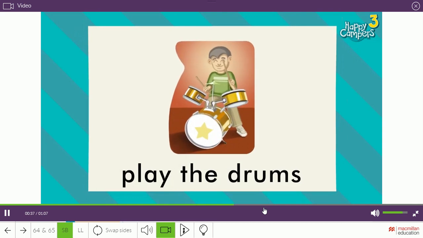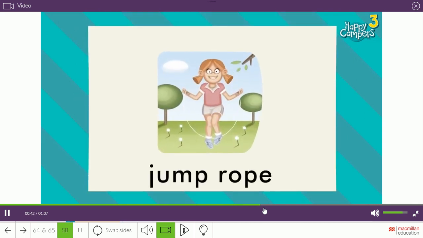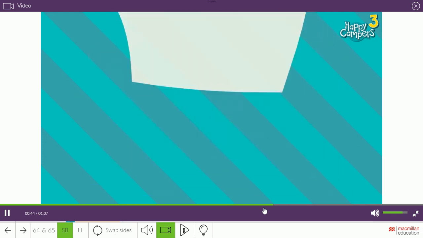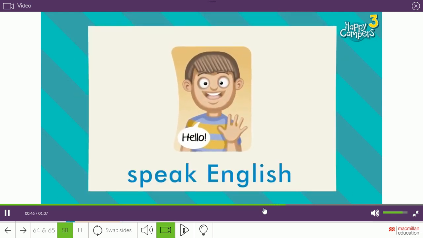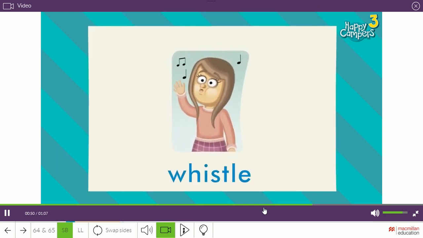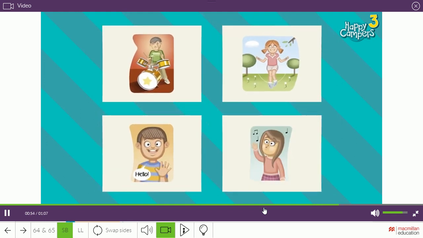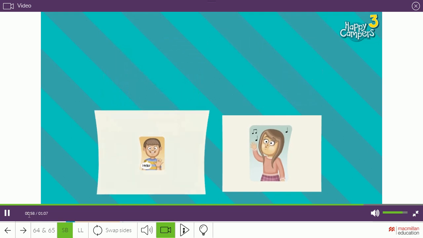Play the drums, jump rope, speak English, whistle, vocabulary, very.